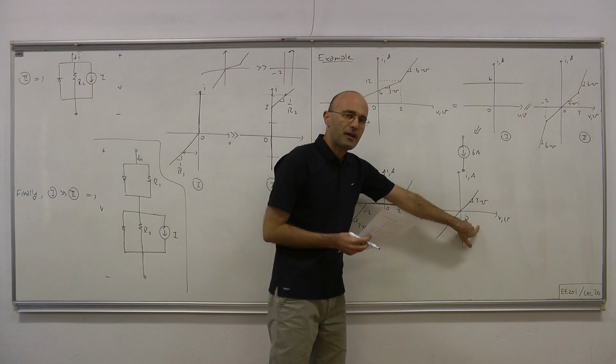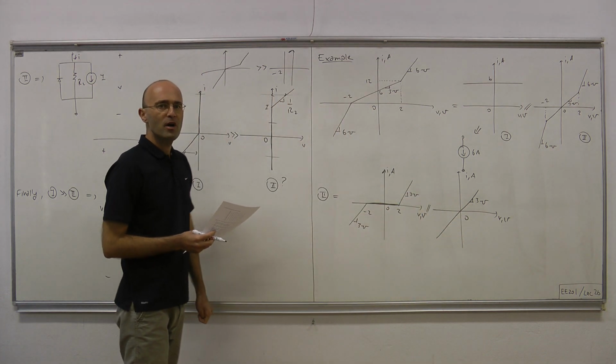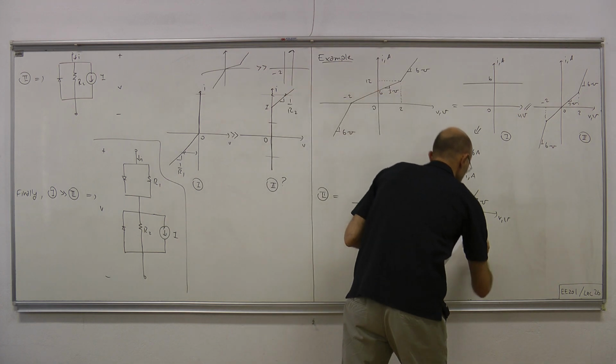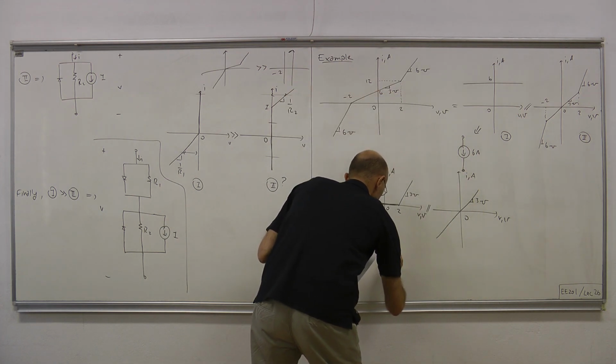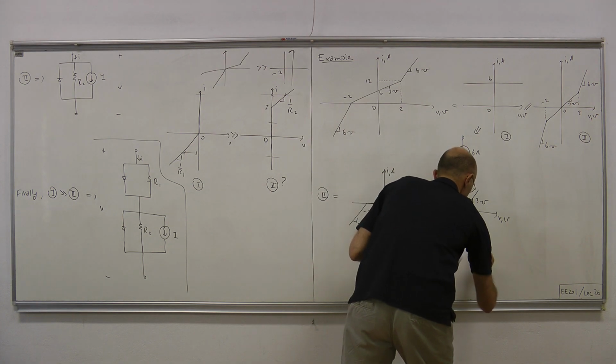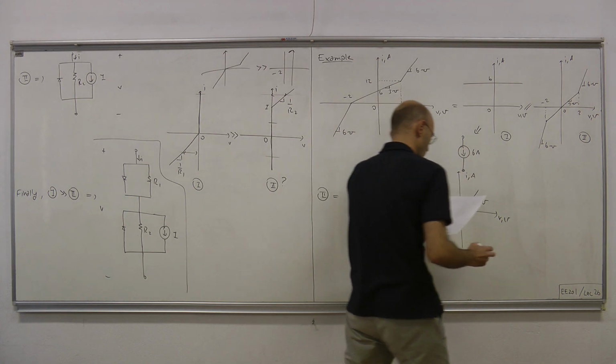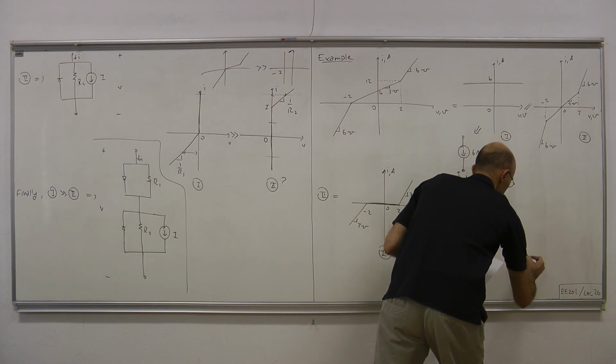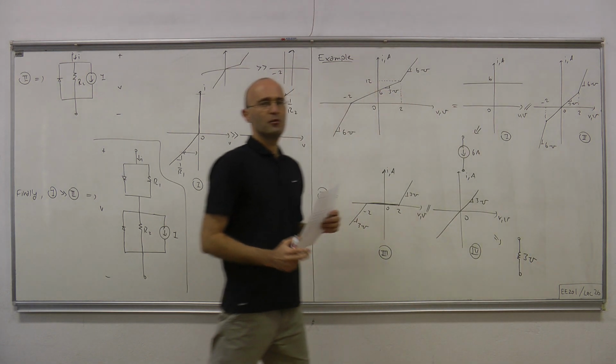Now this we immediately recognize, that's a 1/3 ohm LTI resistor, or 3 mho LTI resistor. Okay? So let's call this 3. Let's call this 4. And we know what 4 is. It's a 3 mho resistor.